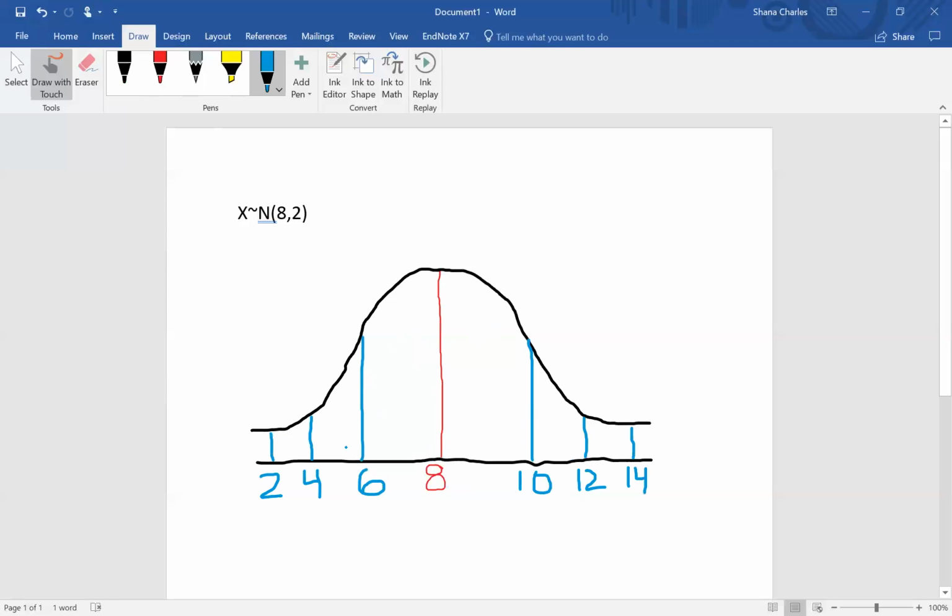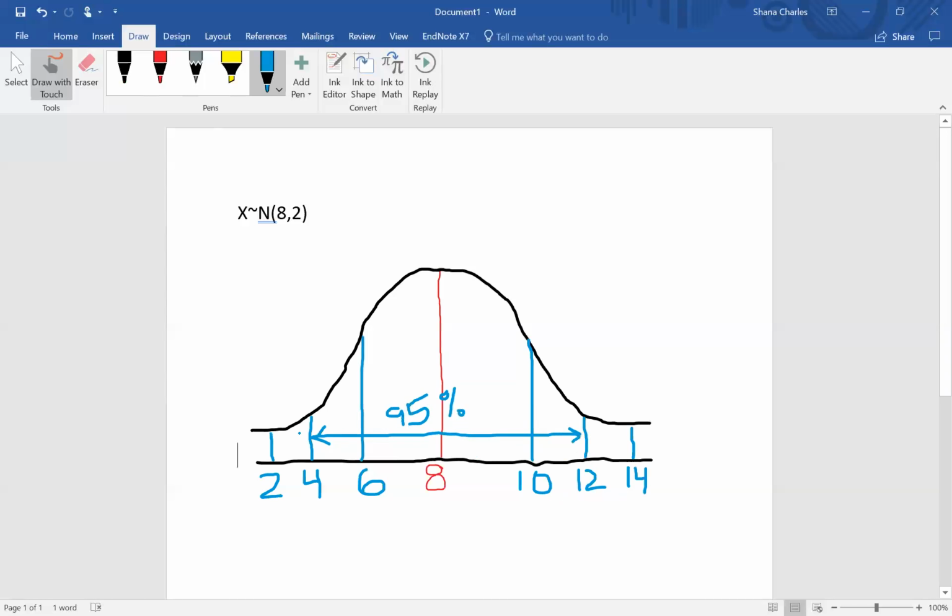And you would say, well, what about 10 or 12? Let's use 12 here, because that's one of the confusing parts. Between 4 and 12, we know that there is 95% of the data. So plus or minus 2 standard deviations is 95% of all the data under the curve. Now, some people will get confused and say, well, that means 12 must be the 95th percentile.